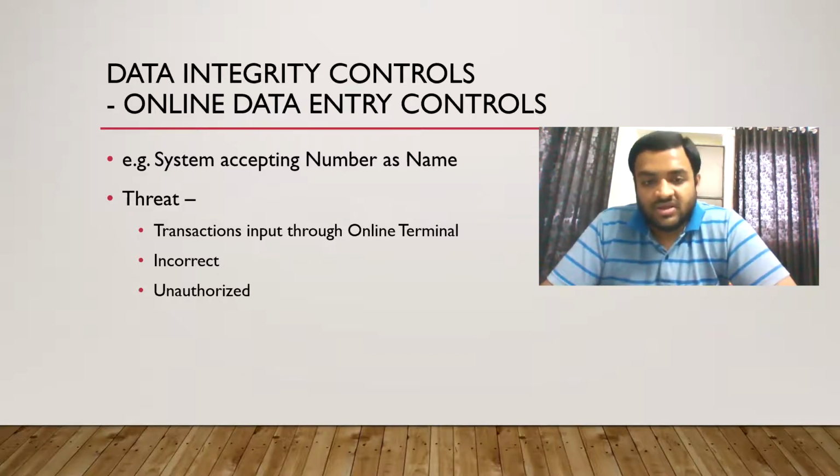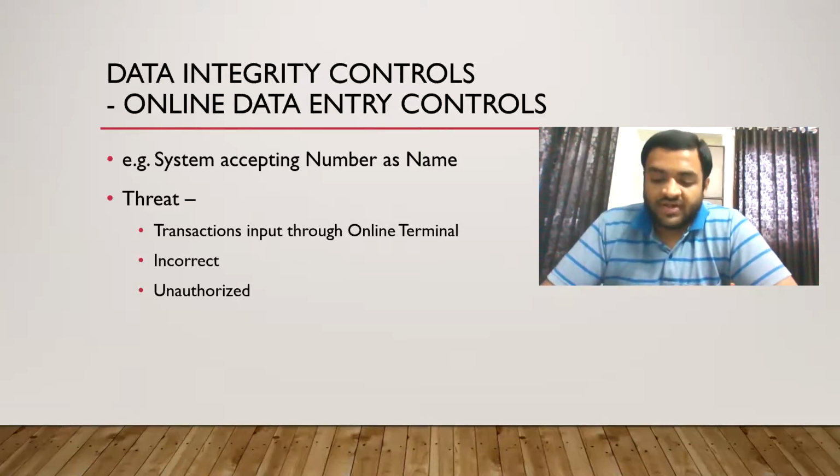Now, even here there is a problem that the system will accept a number as a name. For example, for your Google account, you have assigned a fictitious name. And when you are using the Truecaller app, that fictitious name gets updated as per your Google account in Truecaller.